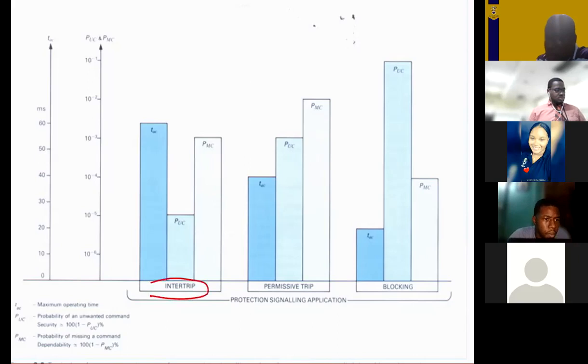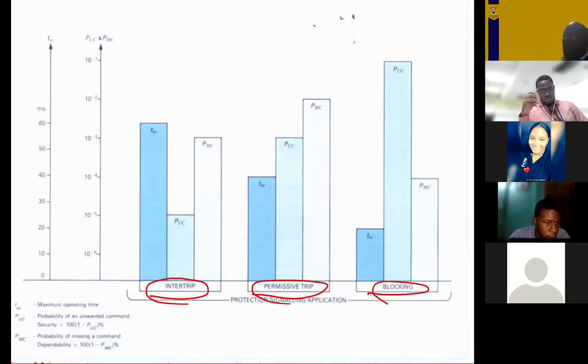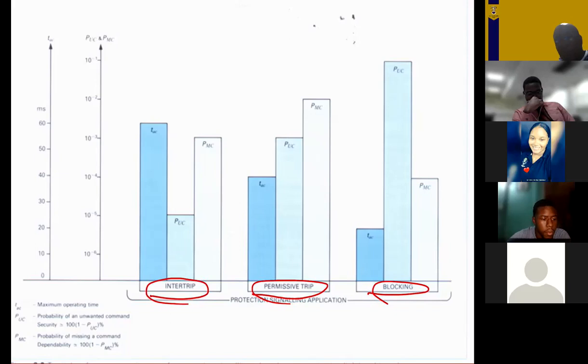You have the inter-tripping scheme, you have the permissive trip, and you have the blocking. So for the inter-trip, as we said before, these rely on the receipt of a signal to initiate tripping. Yes? For the permissive, we are monitoring the signal that is received. And then for blocking, the signal received prevents tripping.